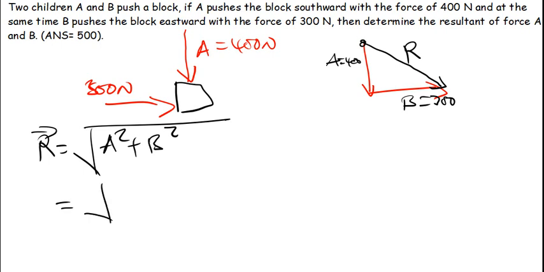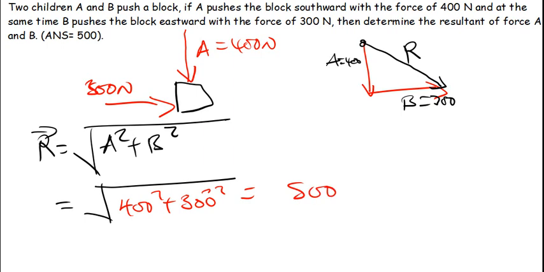Since it is following the Pythagoras theorem, there is no need for us to resolve this vector into x and y component. So I'll have 400 squared plus 300 squared. If I get the answer and square root it, I'll have 500 newtons as my resultant vector.